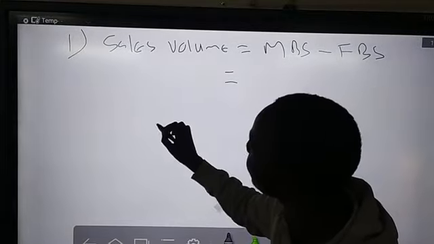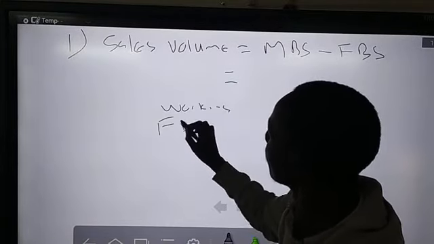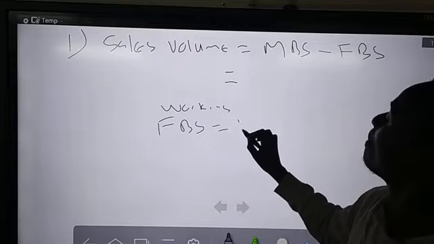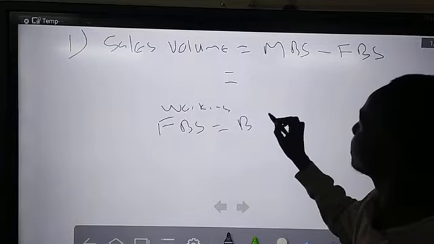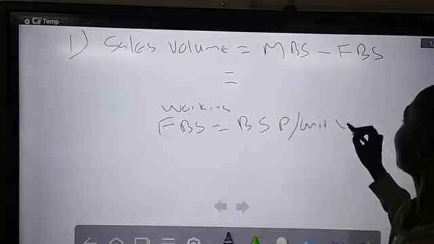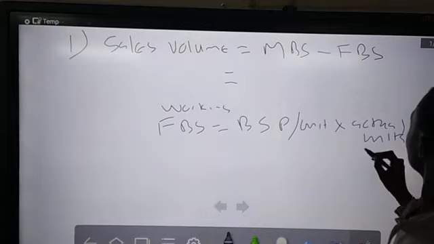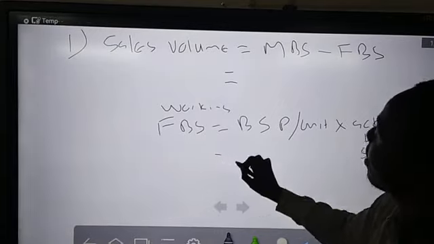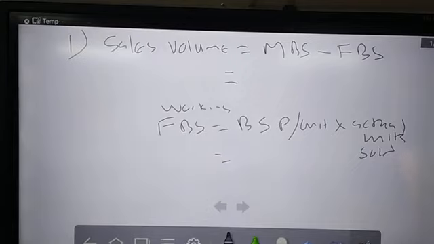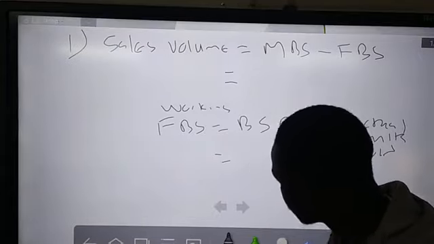How do we calculate FBS? That's my working. FBS equals budgeted selling price per unit times actual units sold. So let's quickly go back to the question.